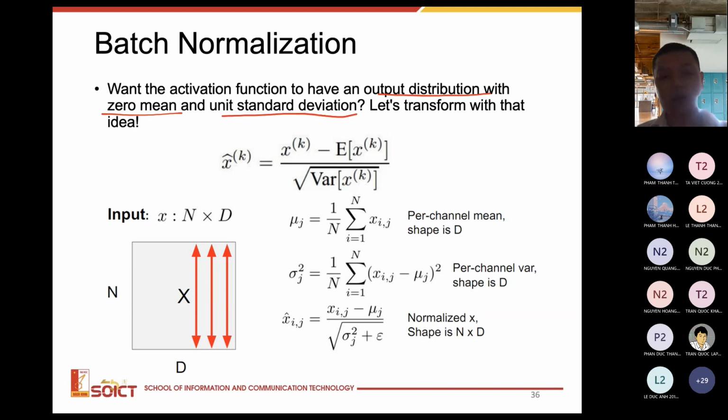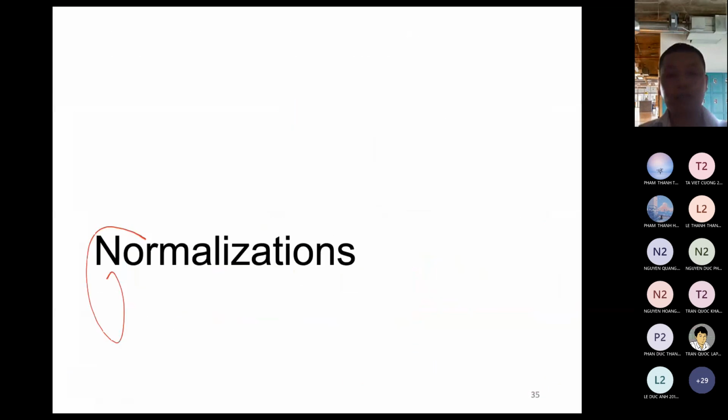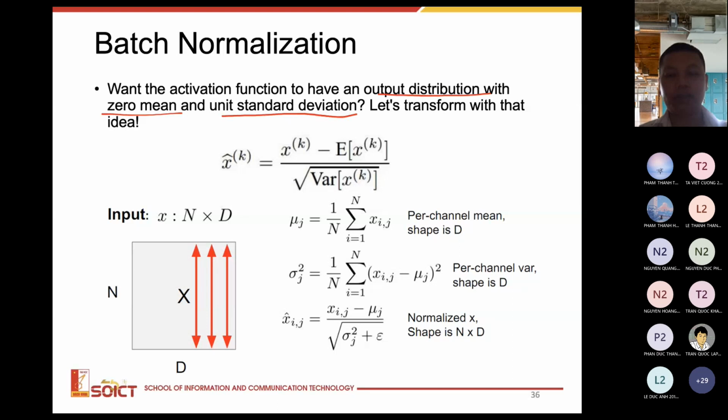Right, this somehow we want. Why do we want this? Because we want to force the output of every layer to have a very nice bell shape like this, for example. So what we can do is to force the transformation with that idea.